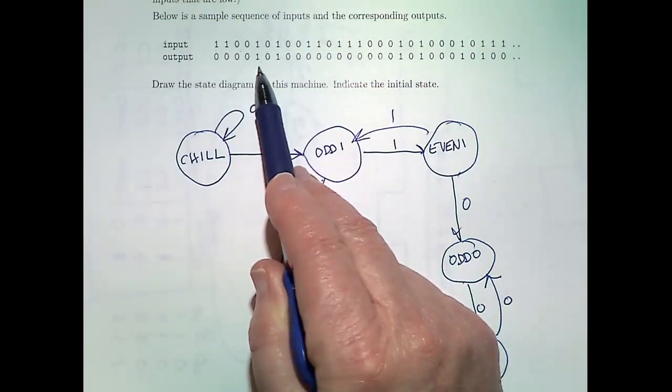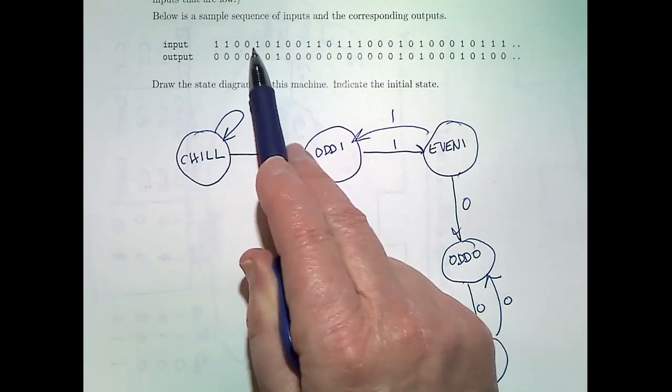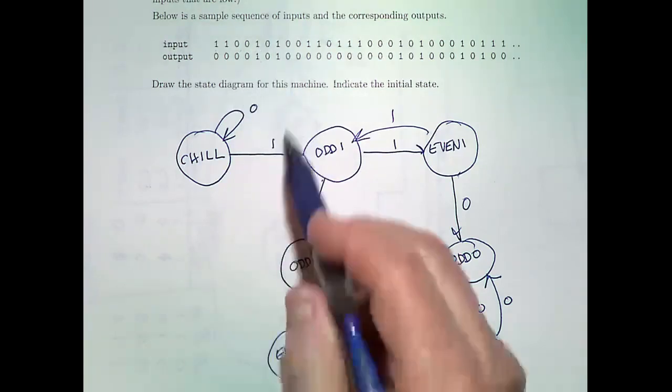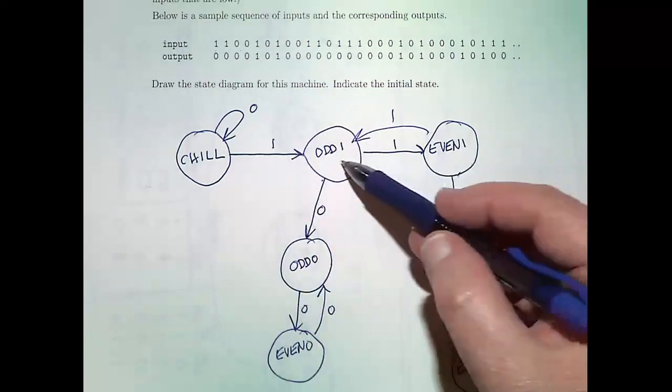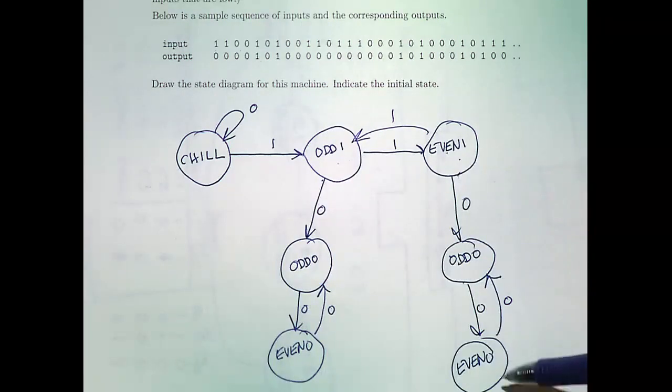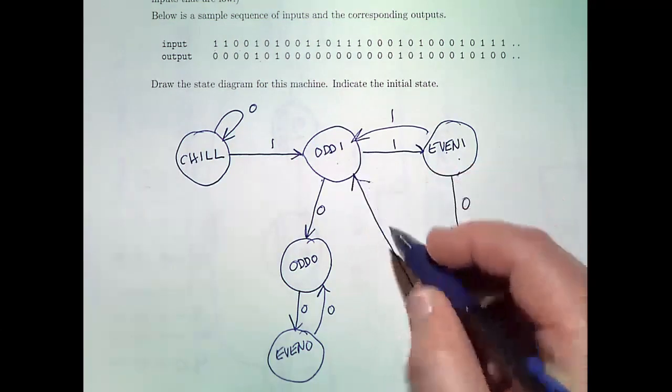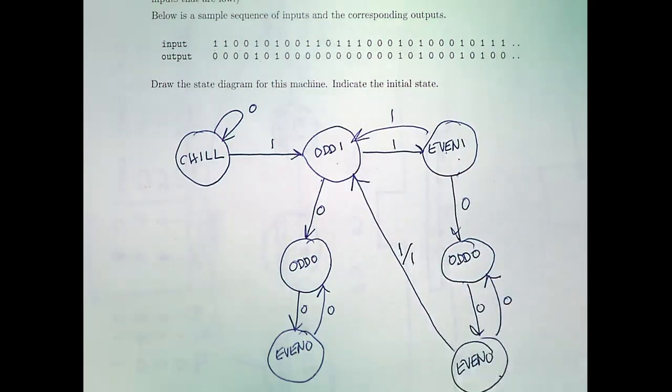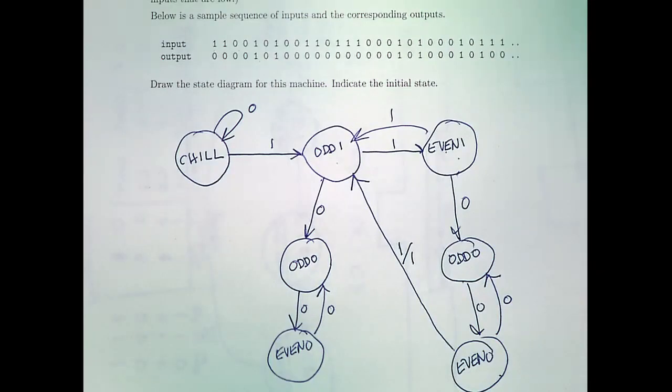Looks like we only output the 1 after this block. So we get a 1 here. So, okay, 2 1s, 2 zeros would be here. So we get a 1. We want to output a 1 directly, but I think I want to go back to odd 1, right? Because that's the first one.